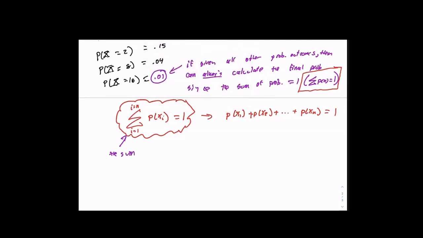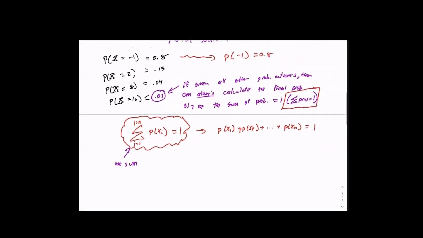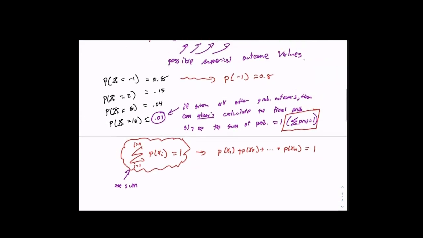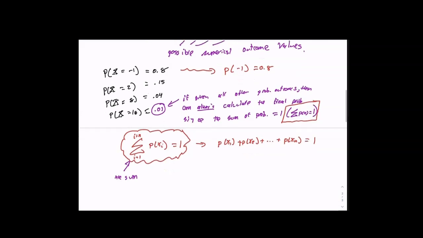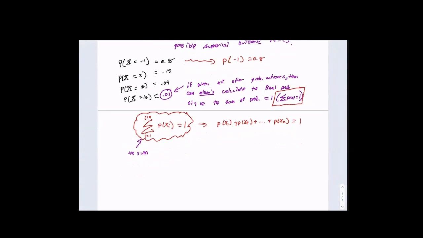So that's something to note that can be helpful. So we have different outcomes. These probabilities might be given to you, they might be stated, or you might have to calculate them. So in some of your problems, you're going to have to calculate what the probabilities are.